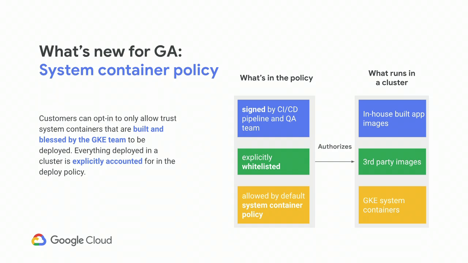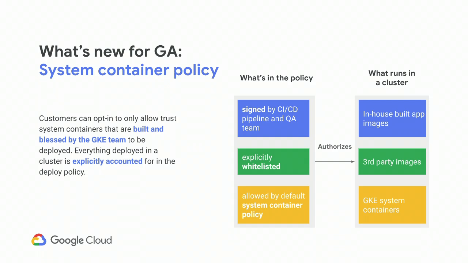So how do we, before, customers basically have to make sure that, yes, I'm deploying the right versions of the system containers, making sure that those system containers are not being overridden. With Binary Authorization GA, we try to automate that for you. We have a default global policy that we created by working with the GKE release and build team to make sure that every system container that is built by Google, that built by GKE team, is signed.